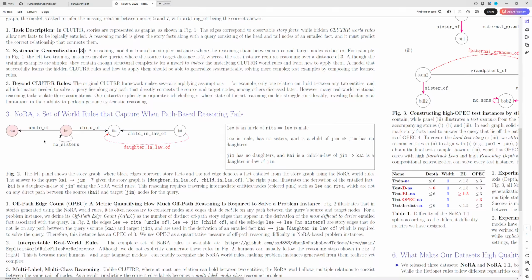And that is a property that we think is challenging for reasoning models. We measure this. We introduce this metric called OPEC. OPEC counts the number of edges that you require to solve the problem instance that do not lie on any path between the source and the target.